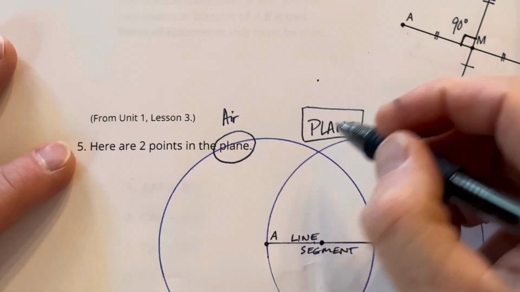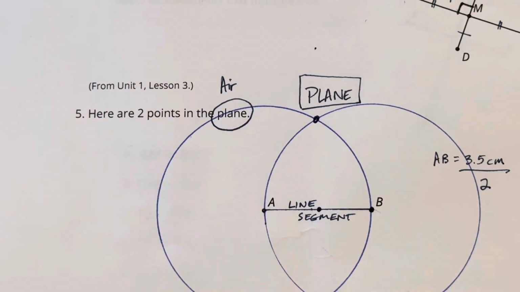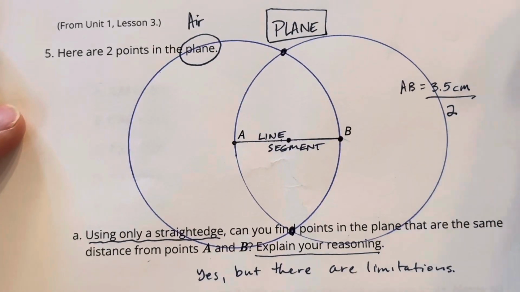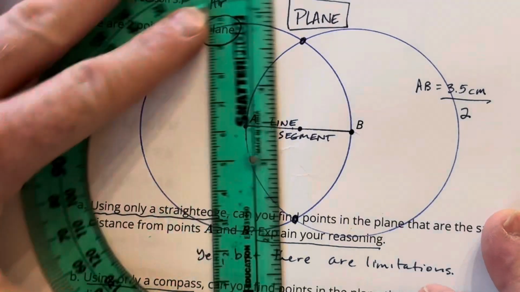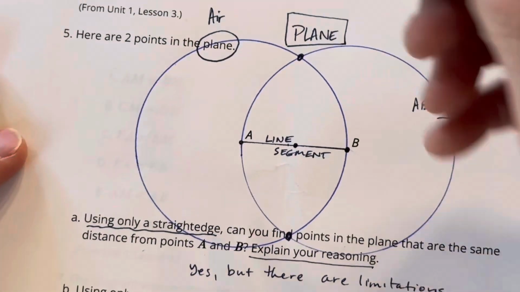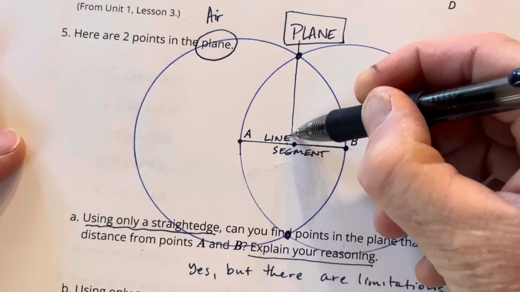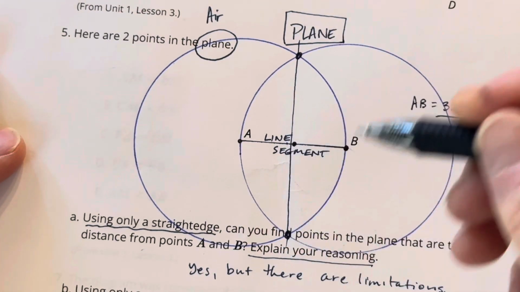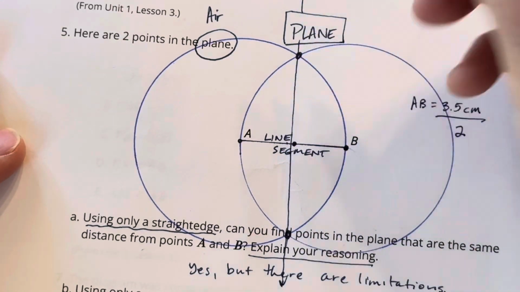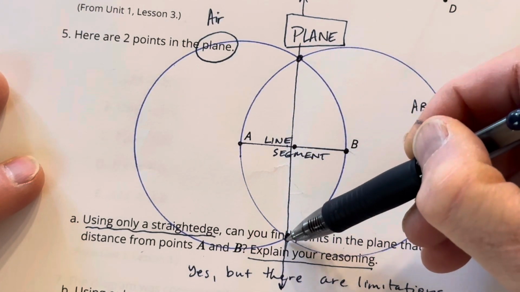And then you could find that point and that point. But they say using only a compass. I wouldn't be able to use a straight edge to make this line. So I'm gonna say no, because you need a straight edge, right? That's pretty close to a straight line, but if you look really closely, that's not technically a straight line because I didn't use a straight edge.